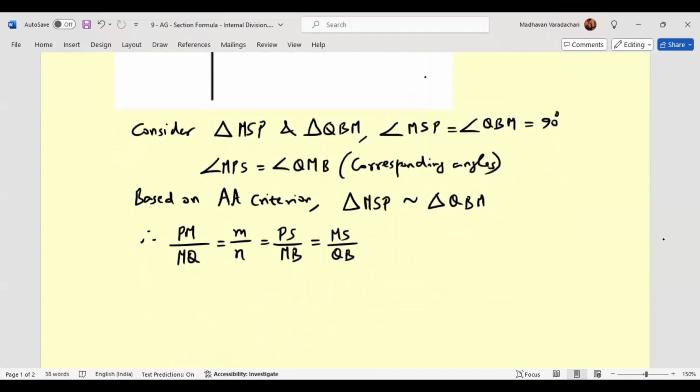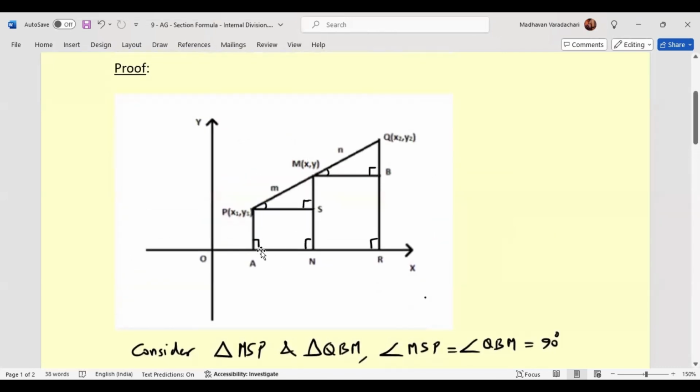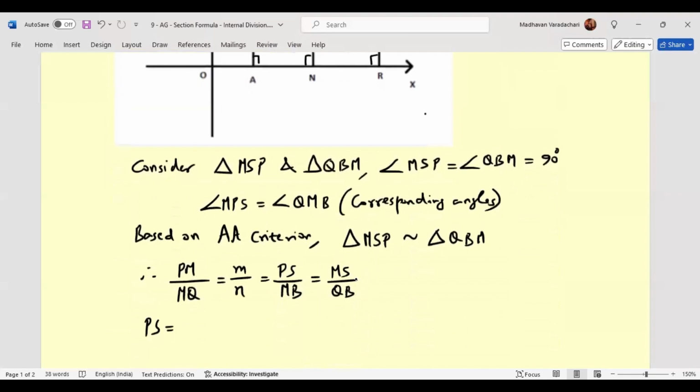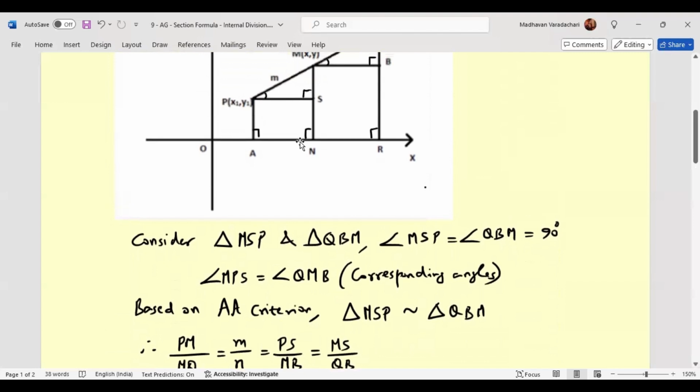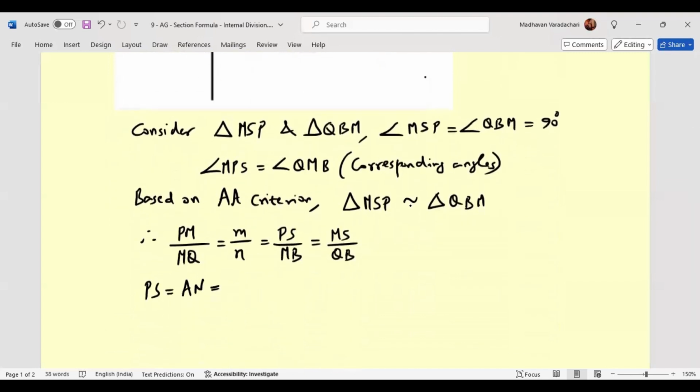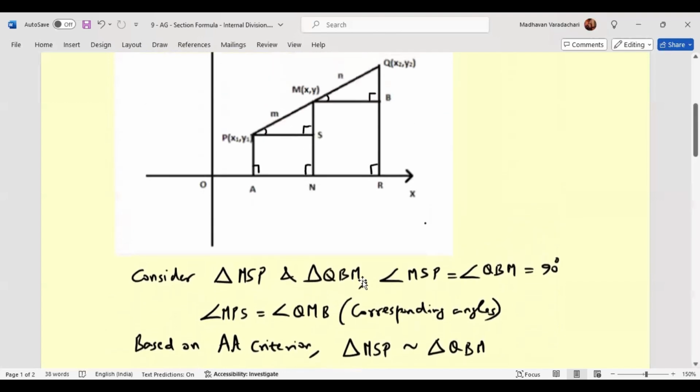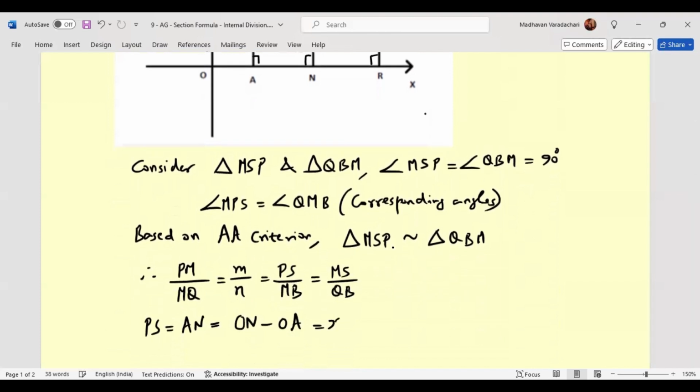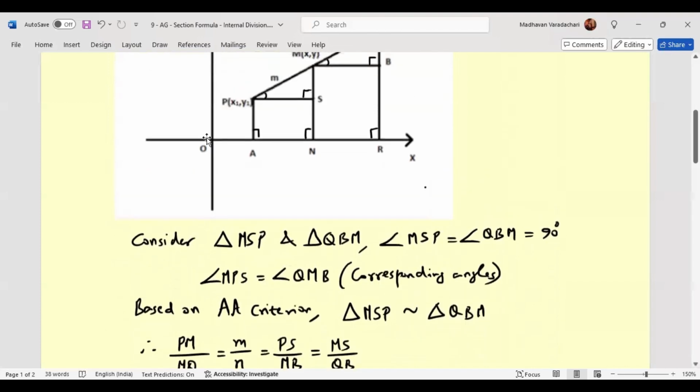Now let us consider PS. What is PS? PS is the same as AN. And what is AN? AN is nothing but ON minus OA. Now what is ON? ON is from origin to this, it is on the x-axis, so the corresponding value is x. So ON is x. OA, the corresponding value for the coordinate is x1.